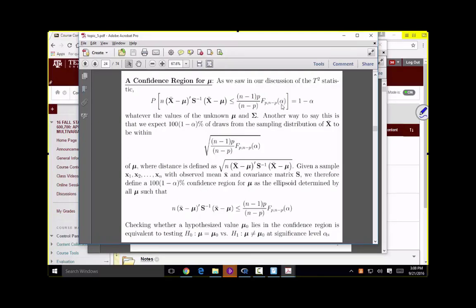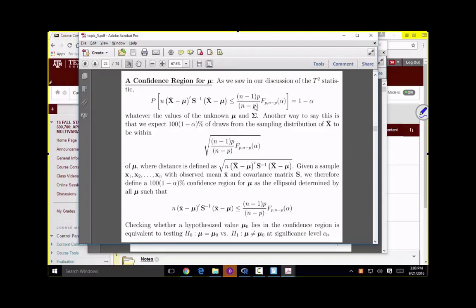So if we go and get the f critical value, or the f percentile, that puts 1 minus alpha to the right of it, then that will define an inner region for which there's 95% probability. If I get the upper alpha percentile, like for a 95% confidence interval, if I get the 95th percentile of this distribution and multiply it by the appropriate constants, that's the constant distance that we want to allow for.